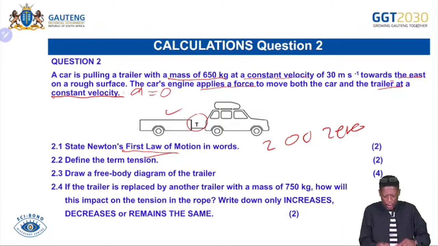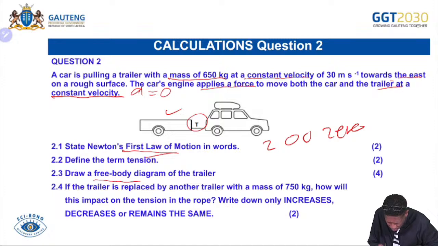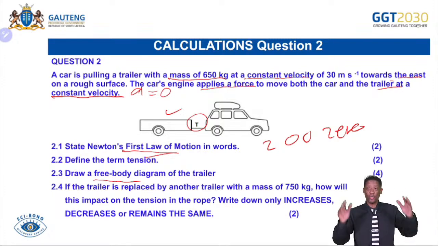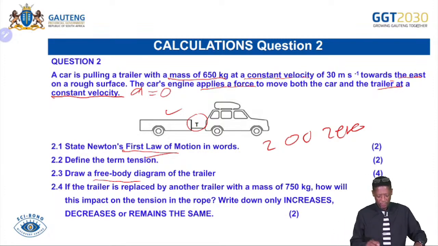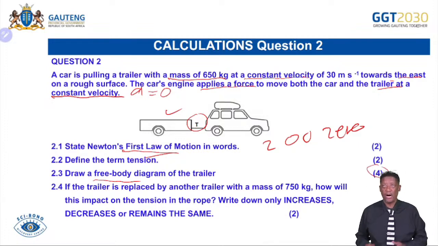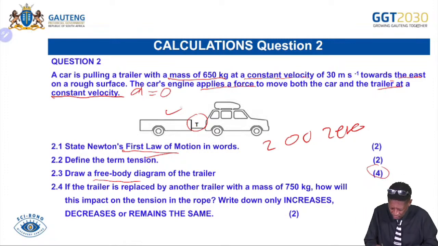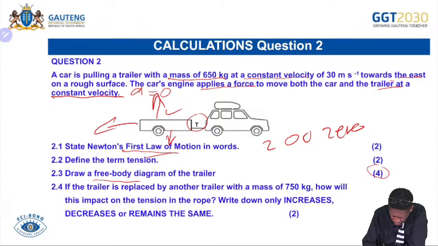2 marks. Now, draw a free body diagram. Here we go. This question is always there. Draw a free body diagram. Once you look at the marks, it's 4 marks. How many forces? 4 forces. They want the one for the trailer. Then you go to the trailer, you draw this, you draw this, you've got this. But this is not a free body diagram. For a free body diagram, you represent the trailer with a dot.